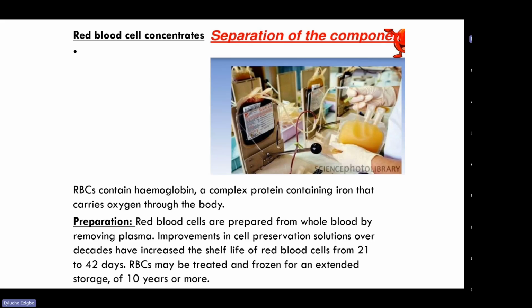I have a question, ma'am. Can a pregnant woman donate or receive blood? Anybody can donate if she meets the criteria for donation.